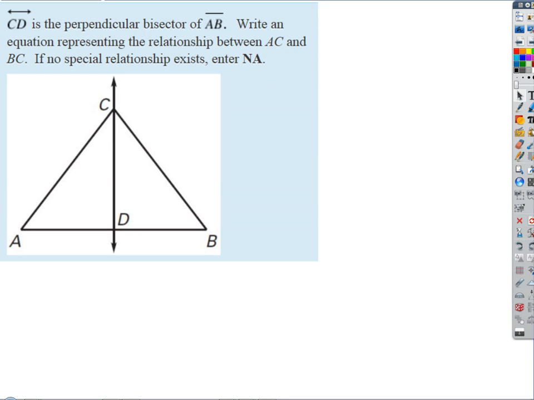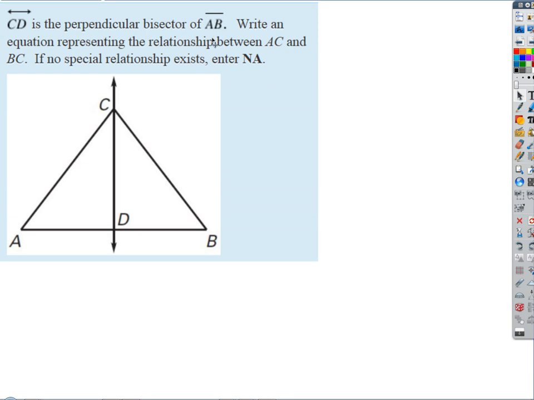It's been a weekend, so let's take a second to review what we talked about on Friday. Look at this problem here. We're told that line CD, with that symbol over the top, is the perpendicular bisector of segment AB.